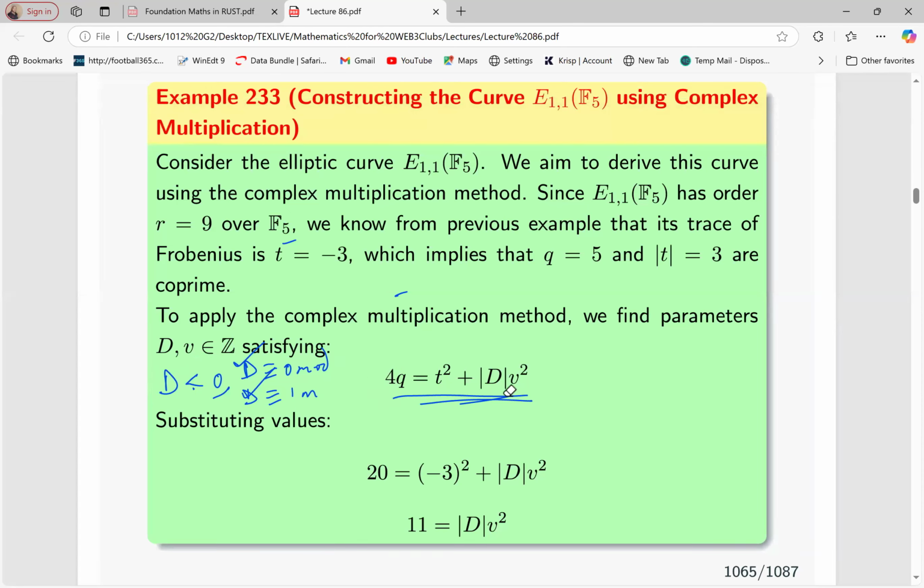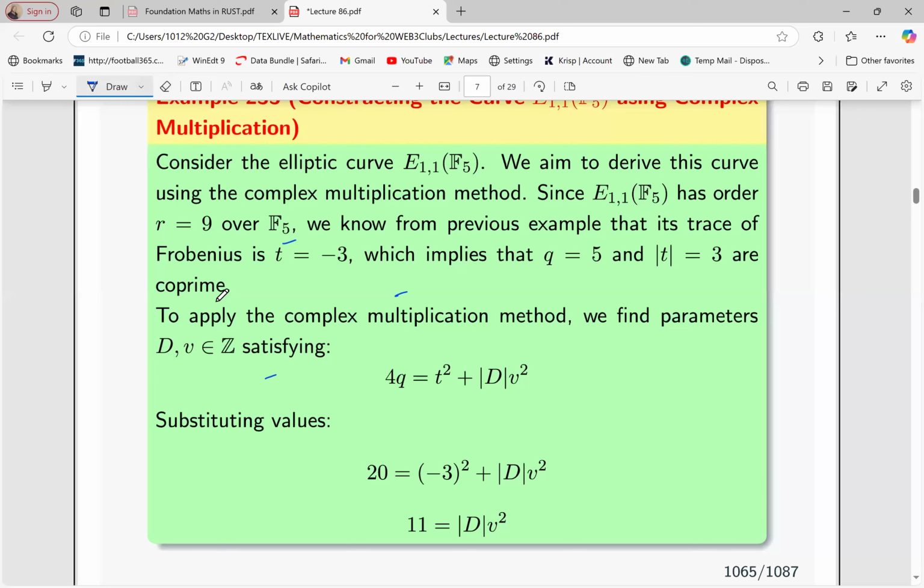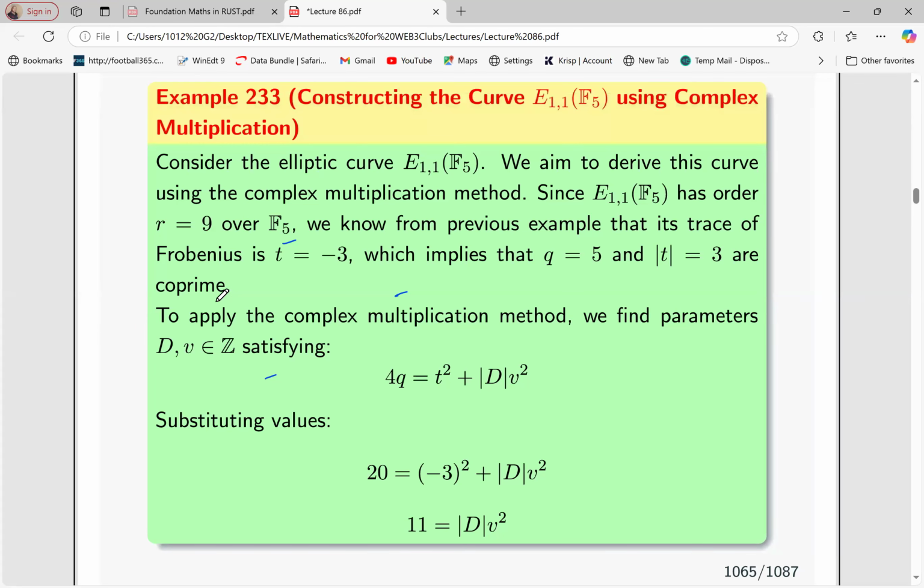So let's look at this condition: 4 times q should be equal to the trace squared plus the discriminant multiplied by v squared. So we want to find the v. Our q in this case is 5, and our t we had found is -3.